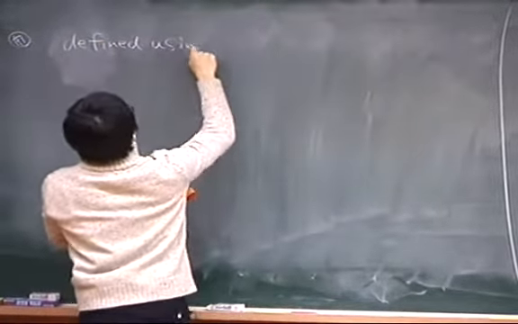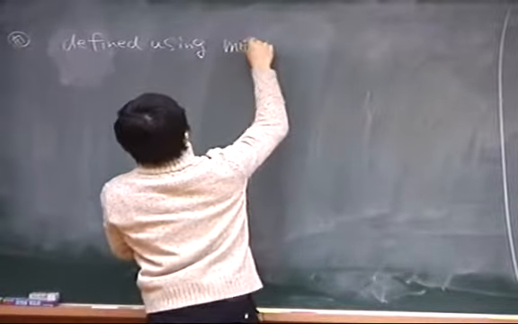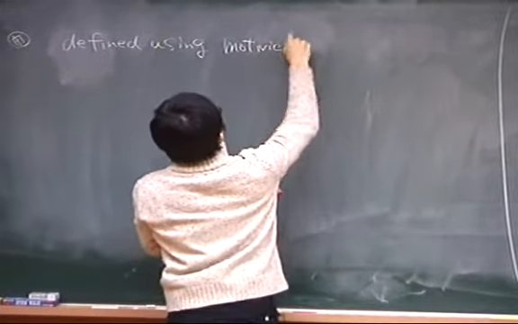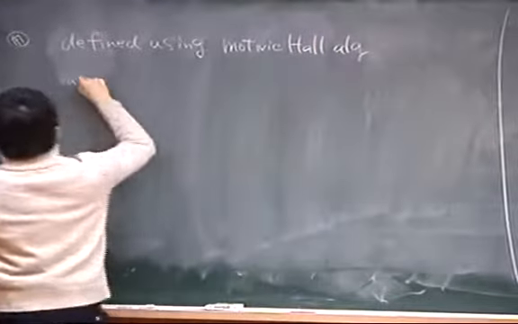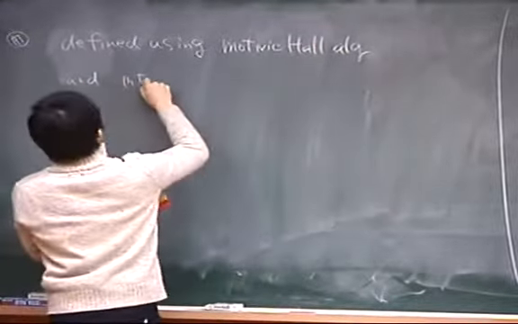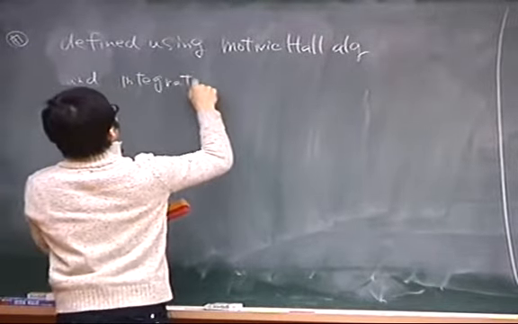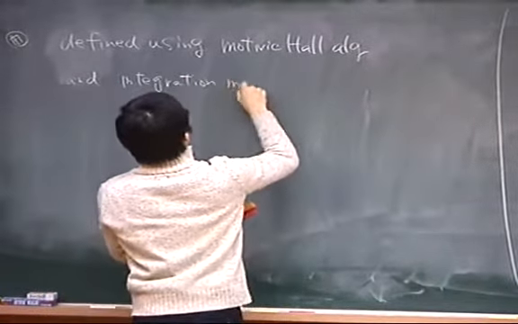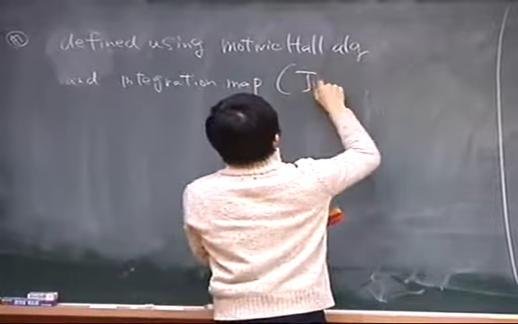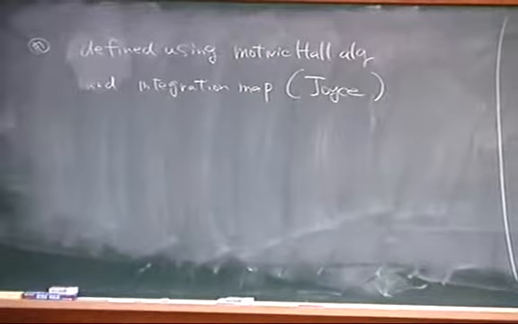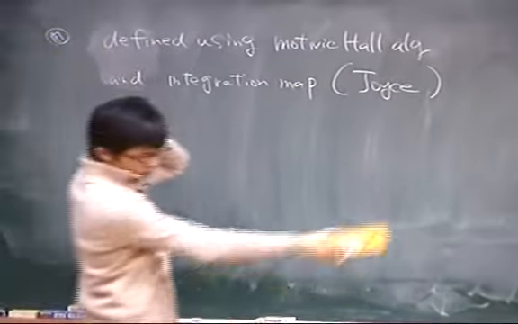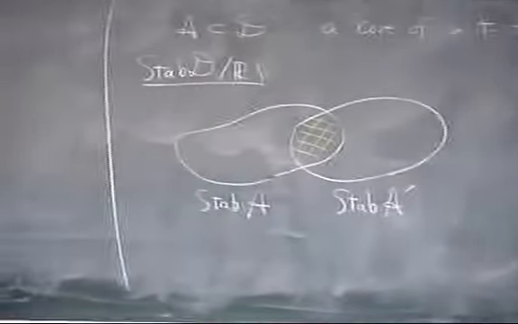using the theory of motivic Hall algebra and integration map, introduced by Dominic Joyce. So the construction of this automorphism is rather abstract.